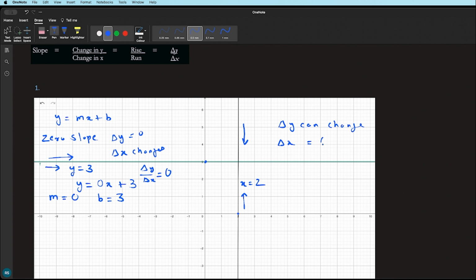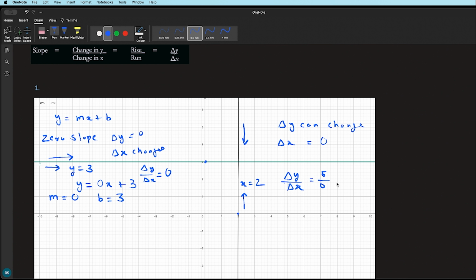So delta x equal to 0. So delta y by delta x: there can be any value, say it is changing at the rate of 5 for example, and delta x equal to 0.